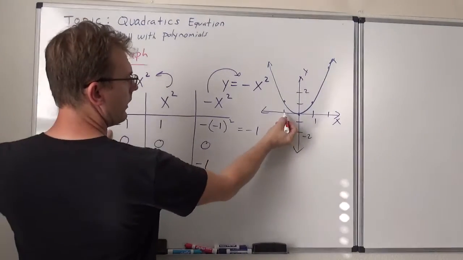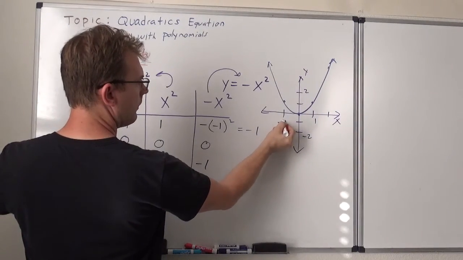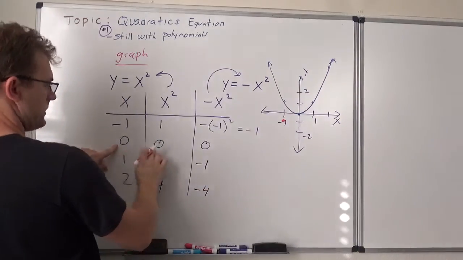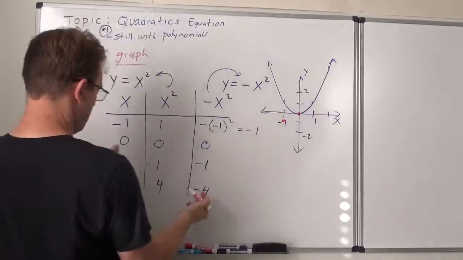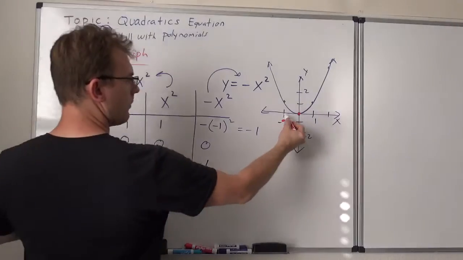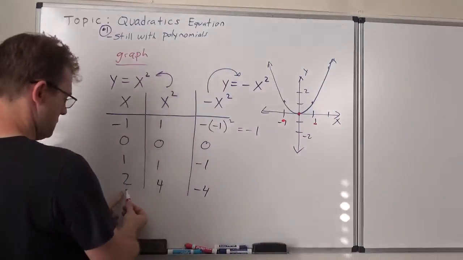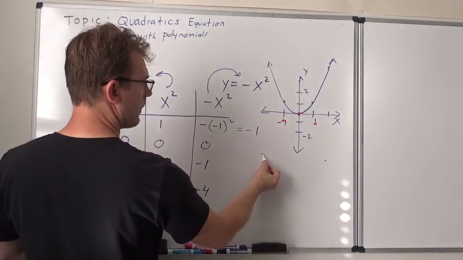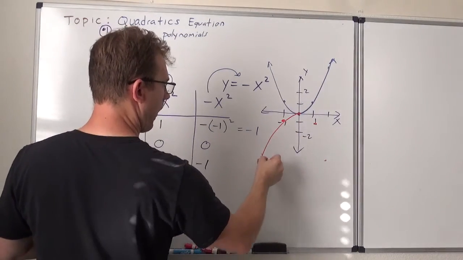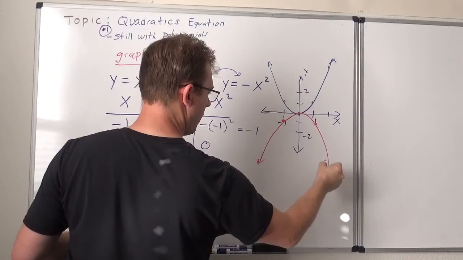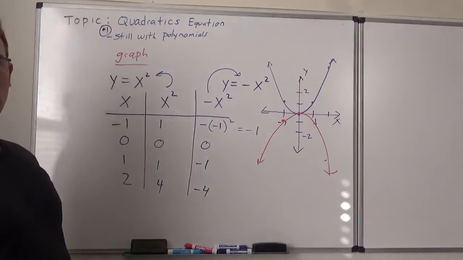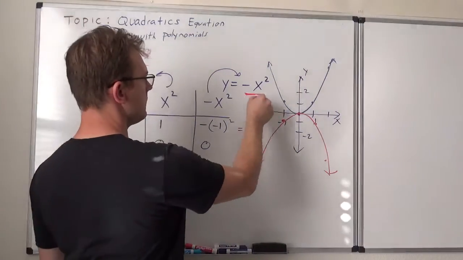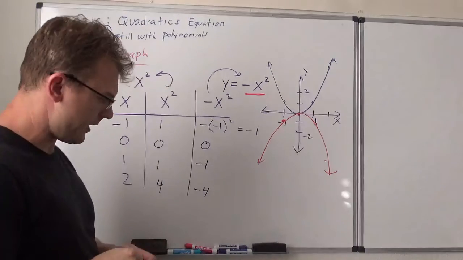Now -1, -1. 0, 0, no surprise. 1, -1. 2, -4. And it's symmetric. There you go. So this, excuse me, this is red.